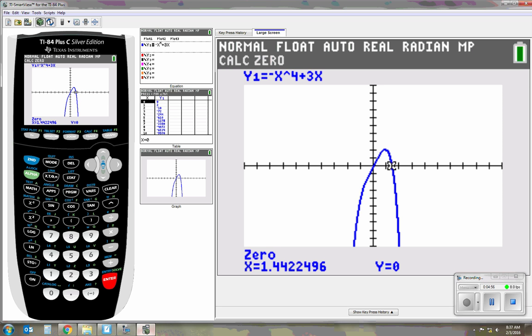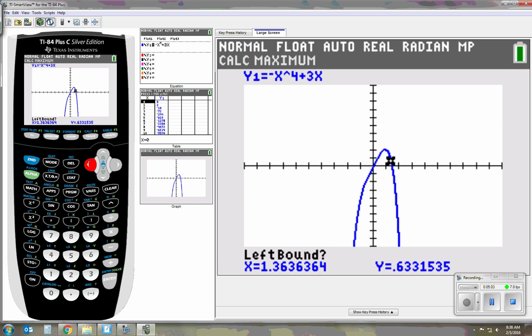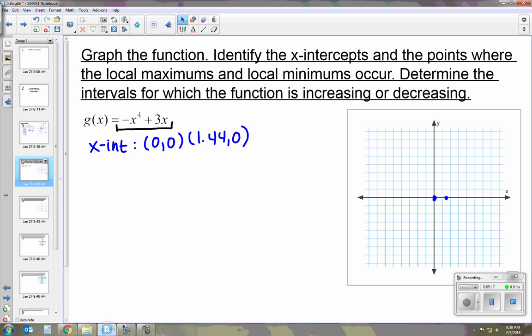So what we're going to do is use our second trace feature. We're going to go to number 4 for our maximum, do our left bound, our right bound, and then enter. And this one is going to be about 0.91, 2.04. So let's write that down.